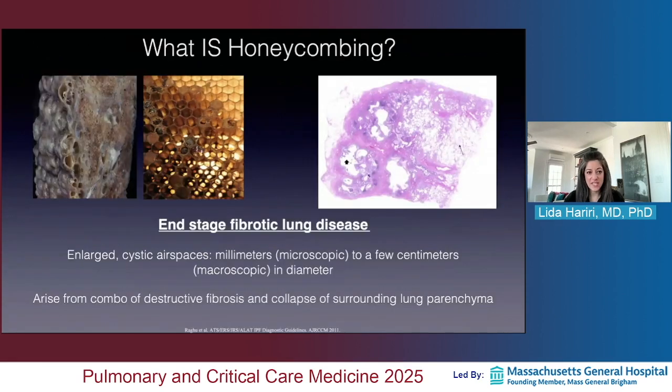Okay, so now what is honeycombing? I like to think about this as honeycombing is specifically the remodeling of the lung and the simplification or the remnants that are left behind, which are cystic spaces in essentially what appears to be honeycomb, and the way that the cysts are arranged with one another and the rigidity of their walls.